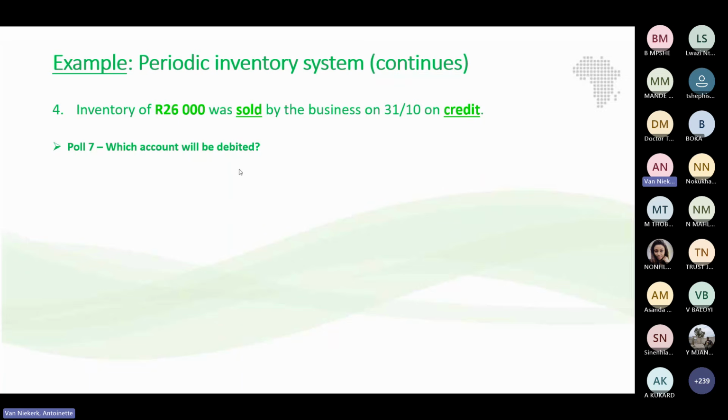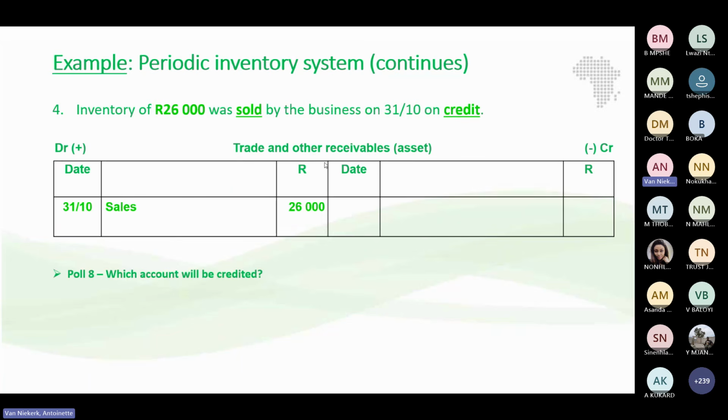Let's continue. If you said the trade and other receivables account, you are 100% correct. Congratulations. Trade and other receivables is like your debtors account. It's an asset account, so it increases on the debit side. When you sold the inventory on credit, the client or entity that purchased from you didn't pay you anything.